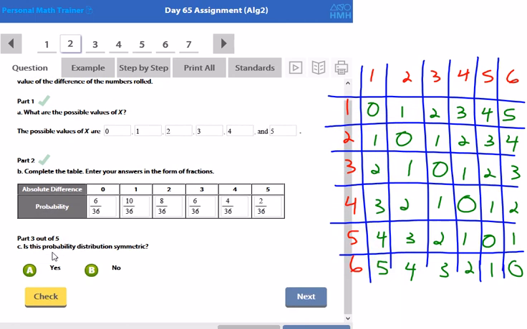Is this probability distribution symmetric? Well, if this was symmetric, we would have the highest amount somewhere here in the middle, and then the probability would decrease as we went out to the extremes, and that's not the case. The highest frequency occurs with the number 1, which is off to the left, so this is not symmetric.